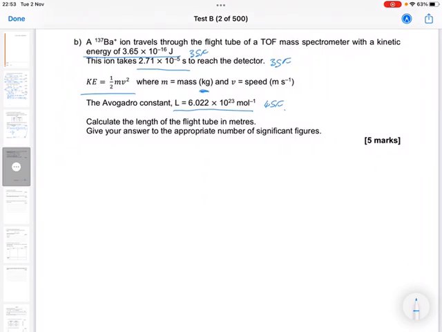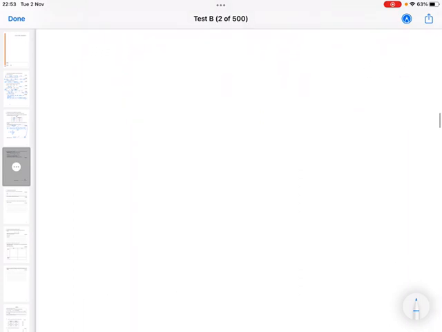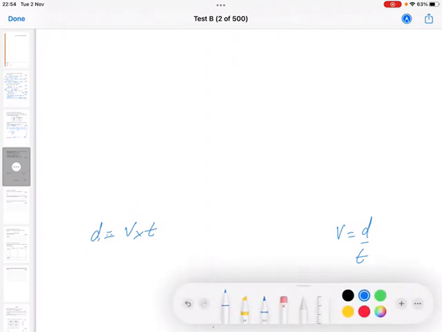So I'm asked to calculate the length of the flight tube. Now that is going to be distance. Now what do we know formula-wise with distance in it? So we know that velocity is distance divided by time. So distance is going to be equal to velocity multiplied by time.